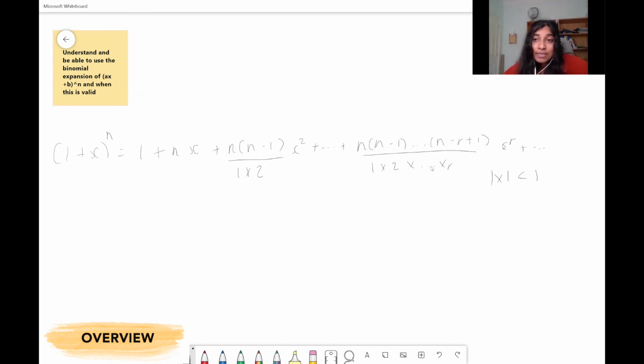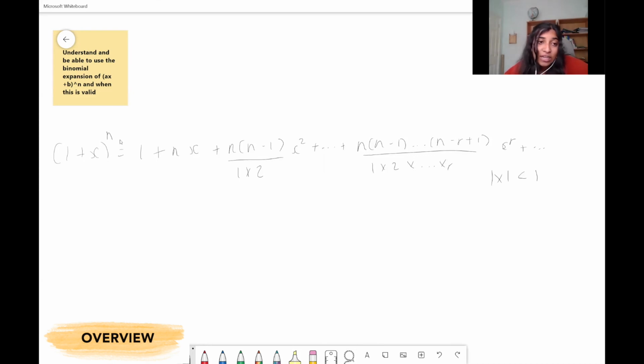But bear in mind that for this formula to work, you always have to make it into the form 1 plus x. So the mod of x always has to be less than 1. That means this value of x can't be greater than 1 or less than -1.